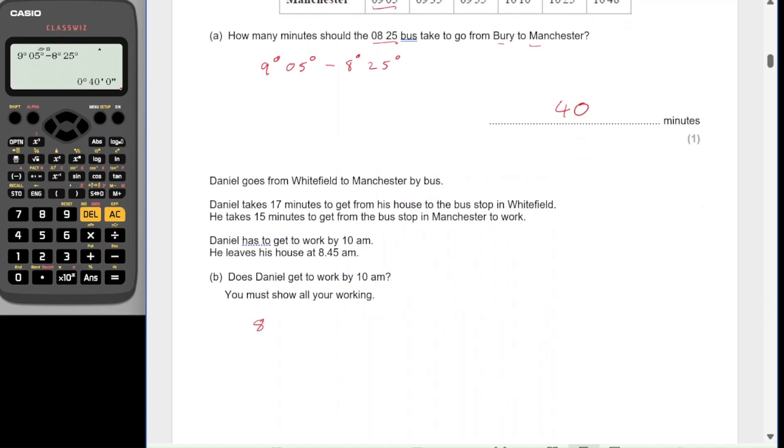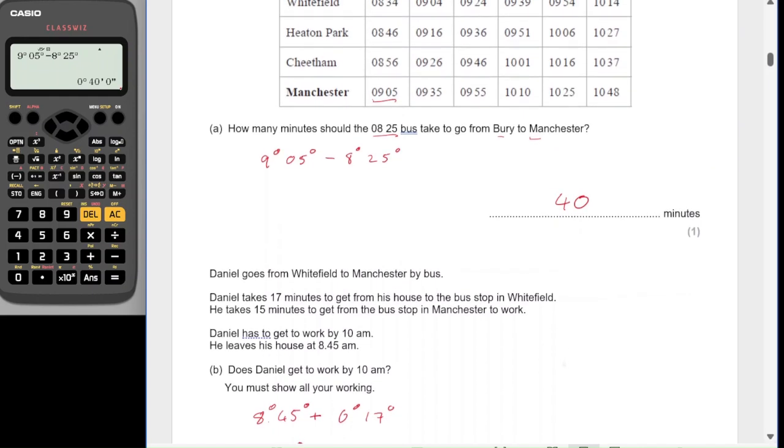So I'm going to do 8 hours and 45 minutes plus the time it takes him to travel to the bus stop, which would be 17 minutes, so 0 hours and 17 minutes, which would take me to 9 hours and 2 minutes.